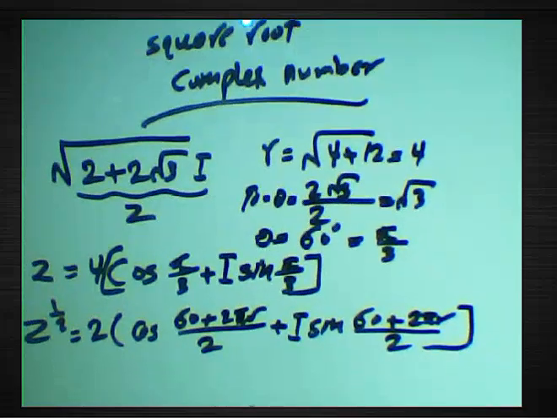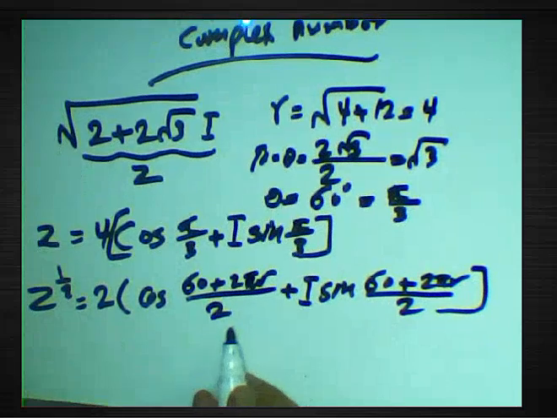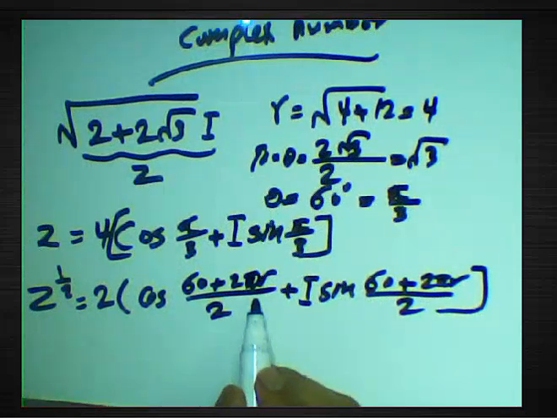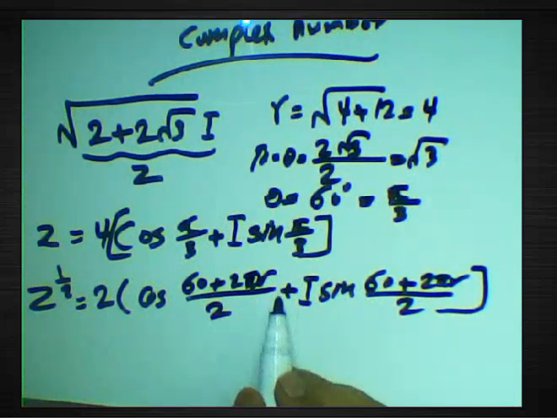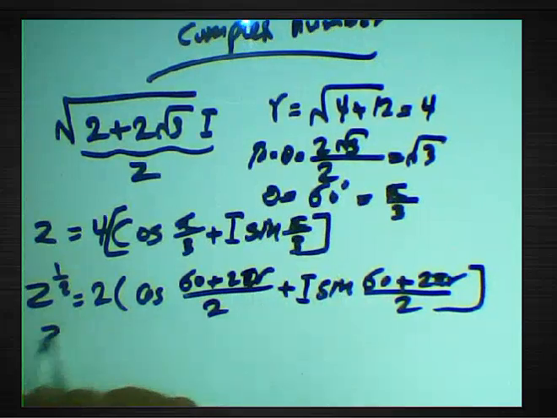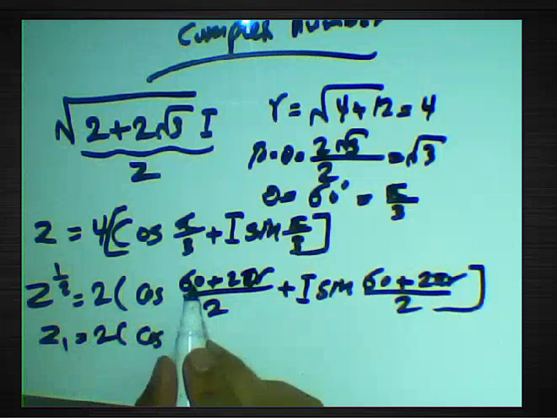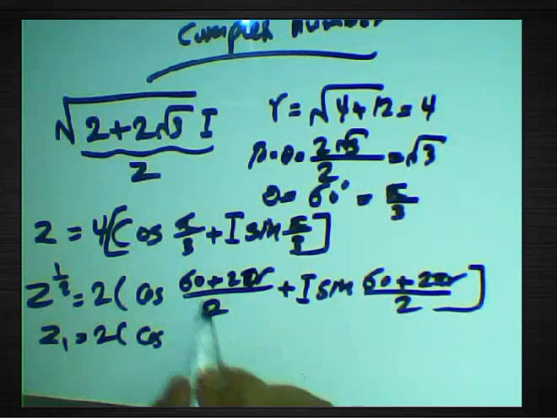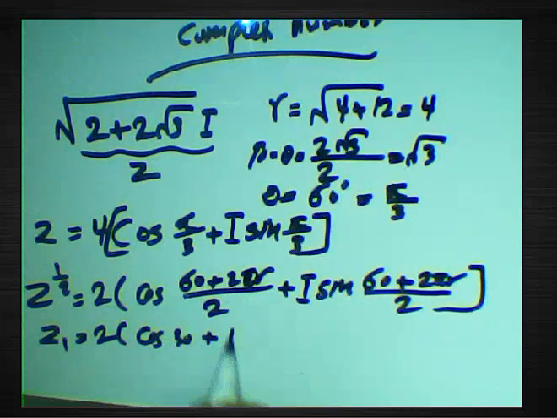And then we must put r equal to what? 0 and 1, right? When r equals 0, z1 equals 2 multiplied by cosine of 60 plus 0, divided by 2, equals 30, plus i multiplied by sine 30.